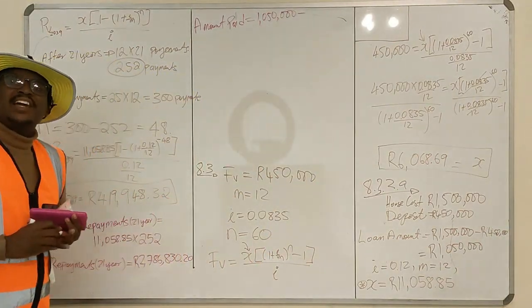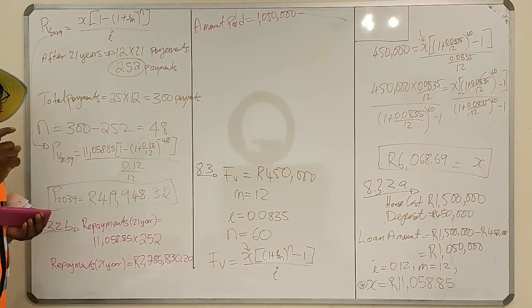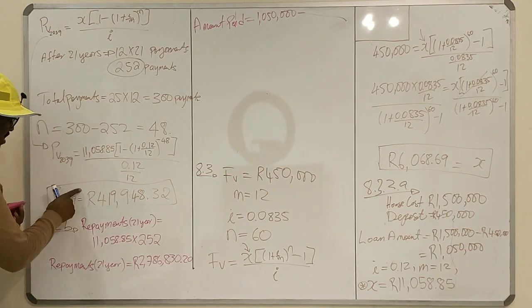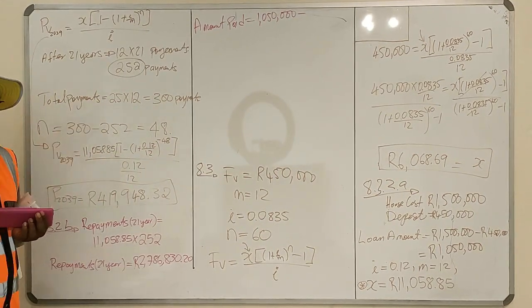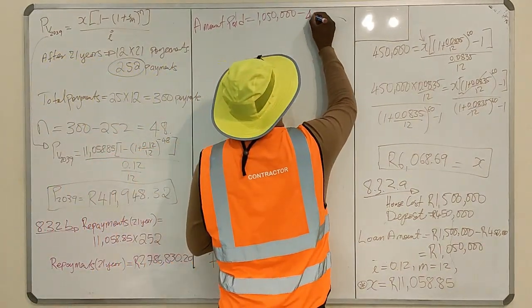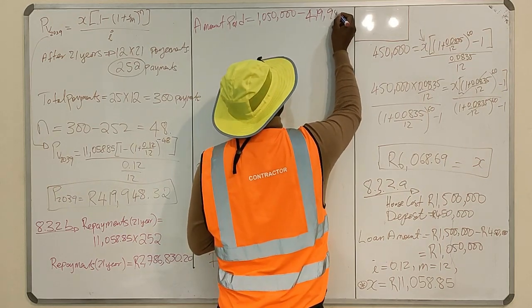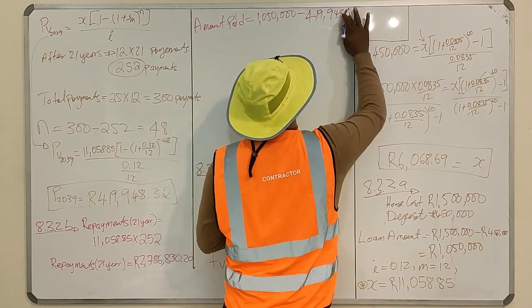You subtract the outstanding balance of the loan so that you can see how much he has paid into that loan. So you subtract 419,948 rands 32 cents.